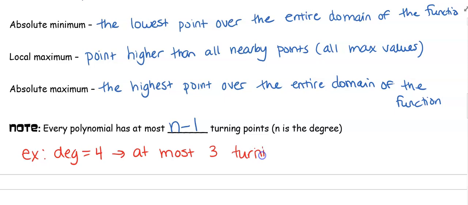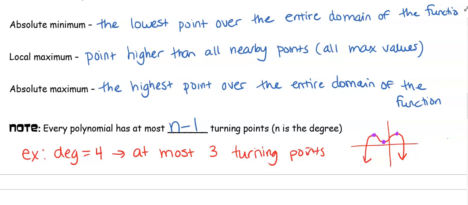It doesn't have to have 3, it can't have more than 3. So for example, that would be a 4th degree polynomial with a leading coefficient that was negative. I'd have 1, 2, 3 turning points. It doesn't have to have 3 turning points, but it can't have more than 3 turning points.